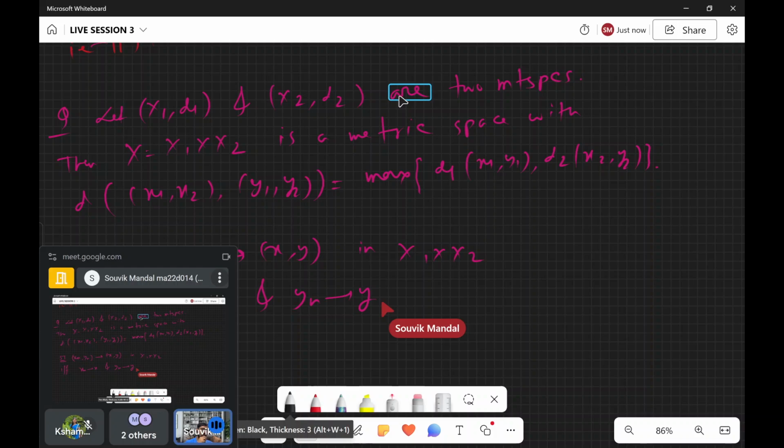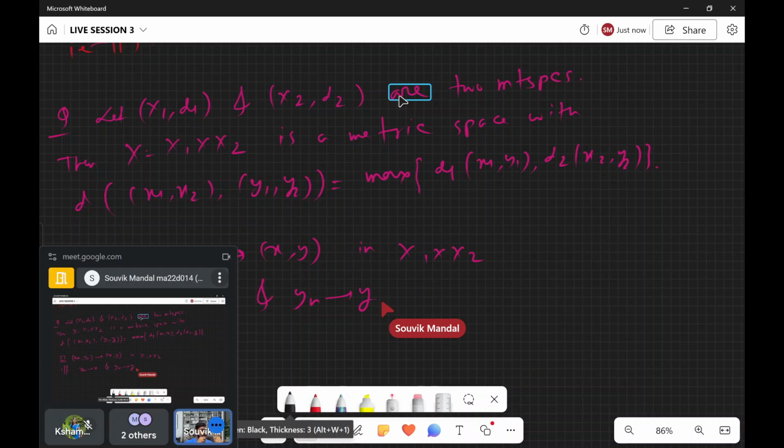This will hold if and only if each component converges to the corresponding point. That is, xn goes to x, yn goes to y. Try to prove it.